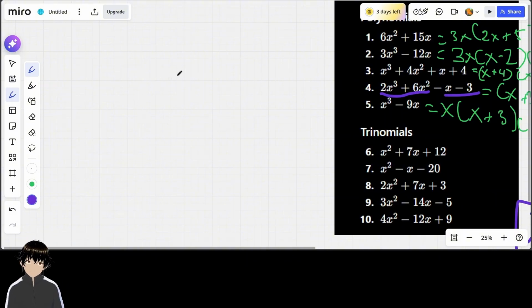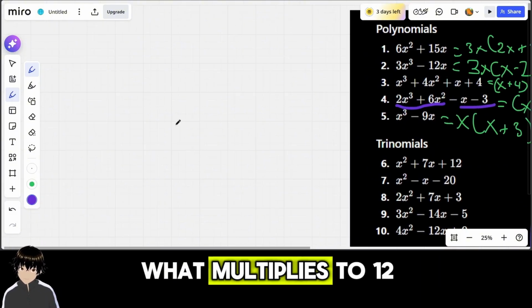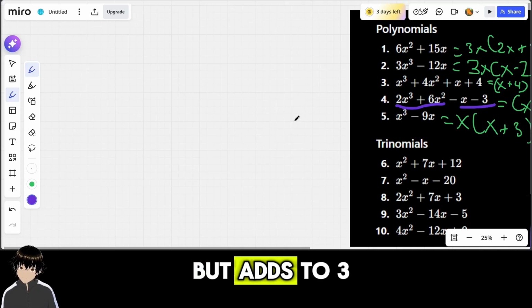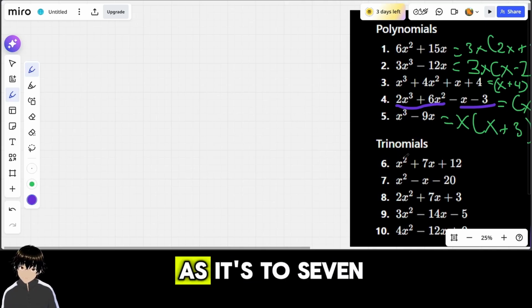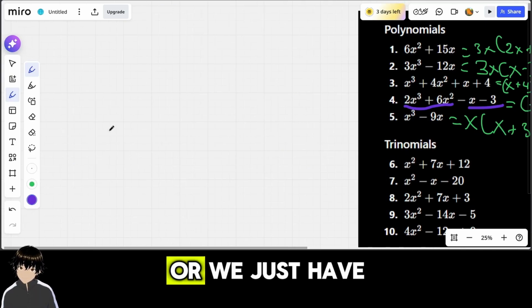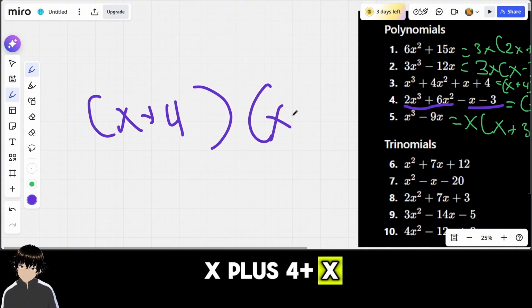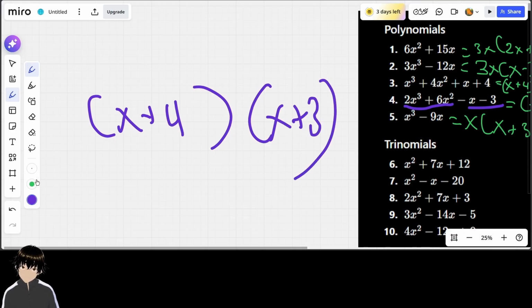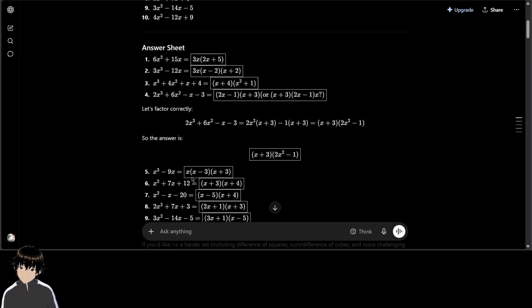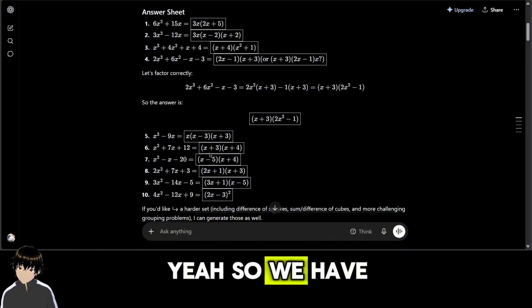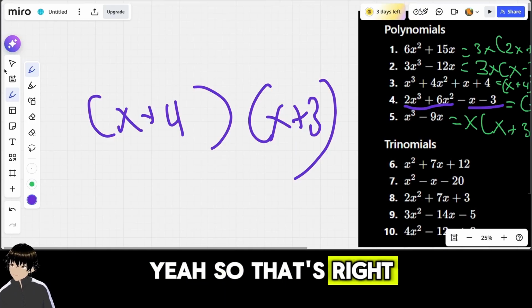So what multiplies to 12 but adds to 7? Well, we just have x. It's 4. It's x plus 3. Yeah, so that's right.